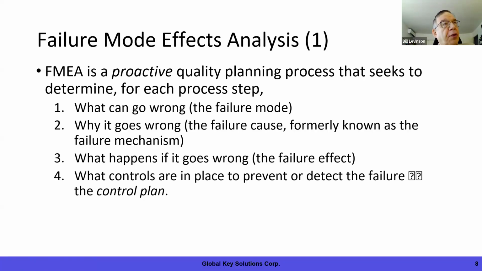Now it's called the failure cause, and the latest reference for this is from the Automotive Industry Action Group and its German counterpart, the VDA, published in 2019. Then, what happens if it goes wrong, the failure effect, and what controls are in place to prevent or detect the failure, which is in the control plan. Next slide.